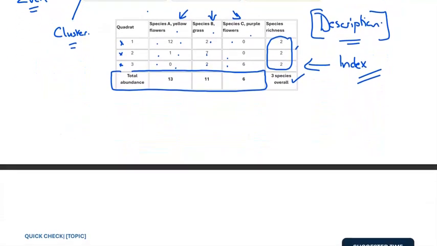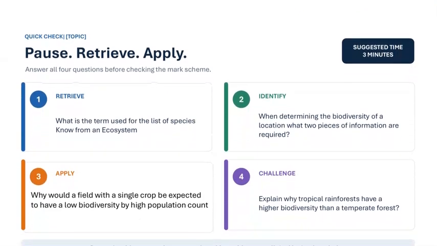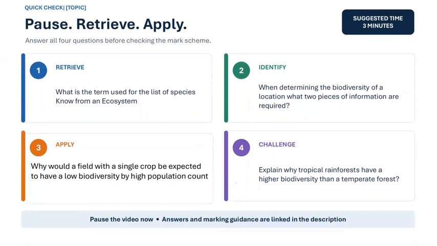Biodiversity is made up of species richness and the relative abundance, and we can use those to describe the biodiversity of ecosystems. Here's 4 questions.